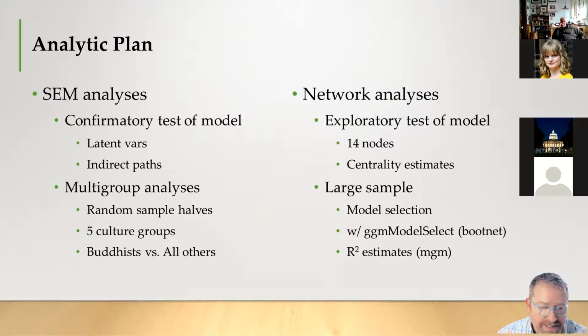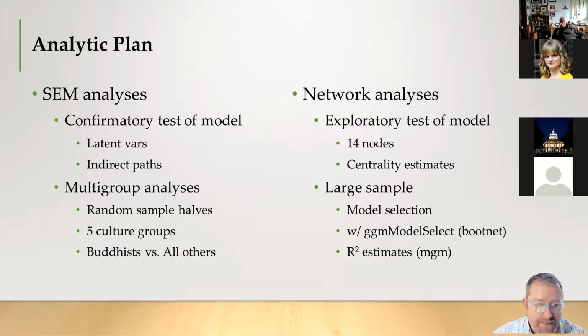It allowed us to estimate indirect paths, and doing SEM allowed us to run multi-group analyses. So we could see how stable that model was across random sample halves, across the 5 cultural groups, and across Buddhists and non-Buddhists. We had a reviewer who was really pushing us to make the best use of our data and strengthen our paper as much as possible.